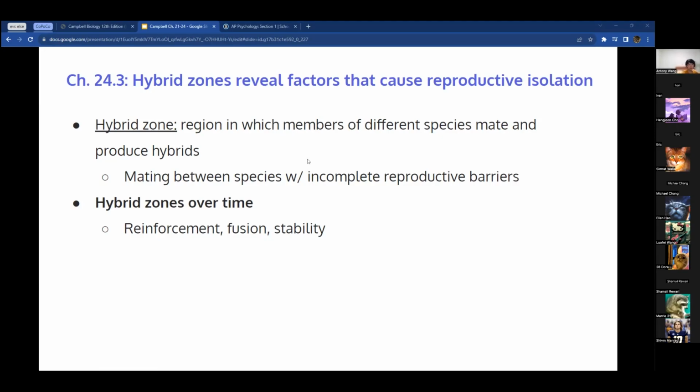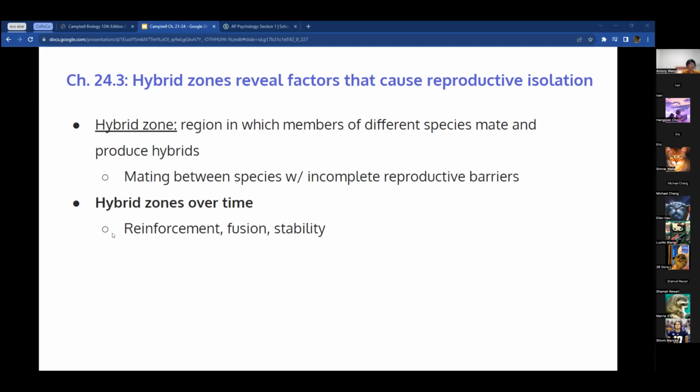This is like pushing the definition of biological species, because yes, these two species can interbreed with each other, but they often don't produce viable offspring. So generally they're counted as two different species. Over time, these hybrid zones can either reinforce themselves, which means that the hybrids will be so unviable that it splits the population further apart.